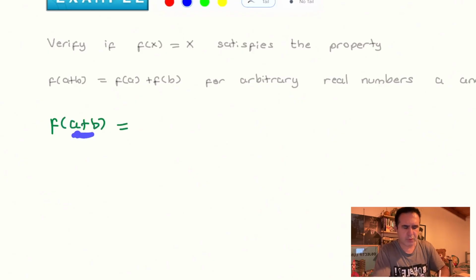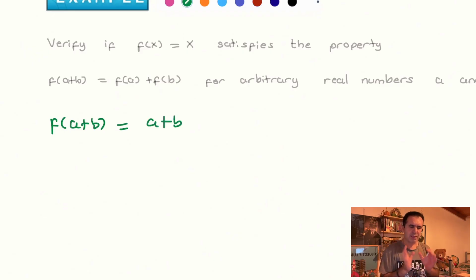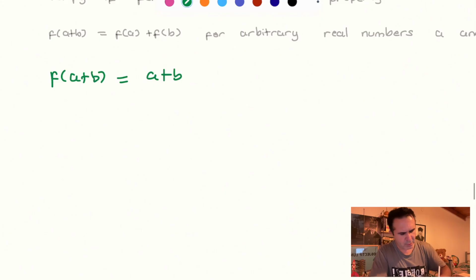Since the input of f of a plus b is a plus b, the output will be again a plus b because this is the identity function. And for f of a, the output will be a. For f of b, the output will be b.